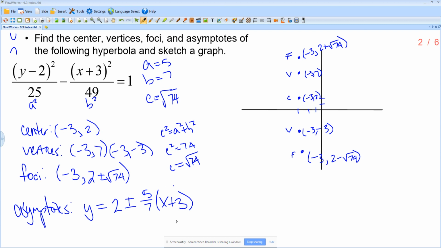Again, in terms of your graphing of those asymptotes, what's 5/7 of 3? I don't want to think and then add 2 or subtract it from 2. No, what we're going to do is just move ourselves b units to the left and right. So I'm going to move 7 to the right, which would put me right about here, and 7 to the left, which would put me right about here.